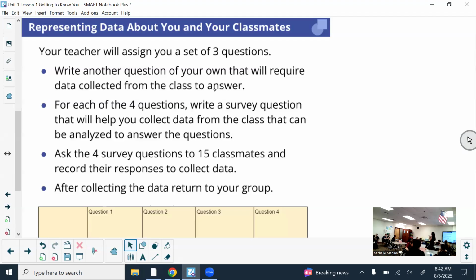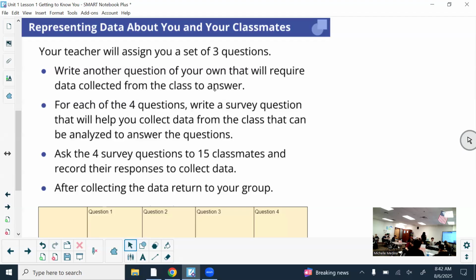If I want to find the answer to that, I'm not going to go up to someone and say, about how long did it take students in this class to get to school this morning? If I wanted to figure that out, what would I actually ask? You would say, how long did it take you to get to school? Right? And then you would look at that data using math, but we're converting these to survey questions.